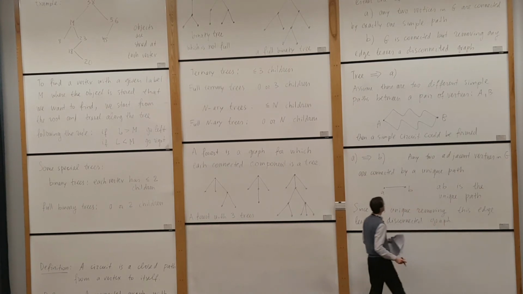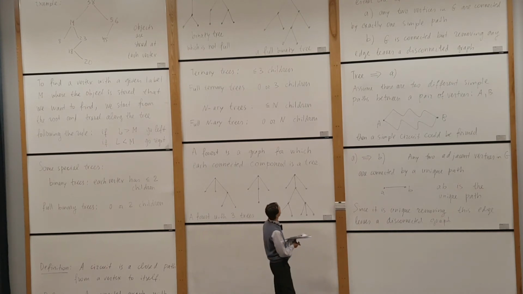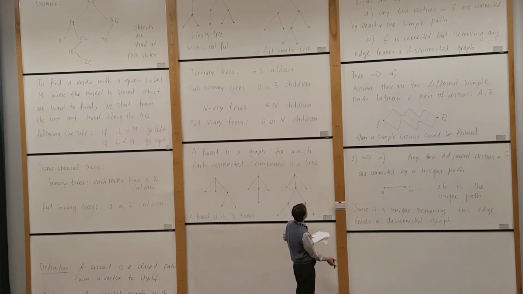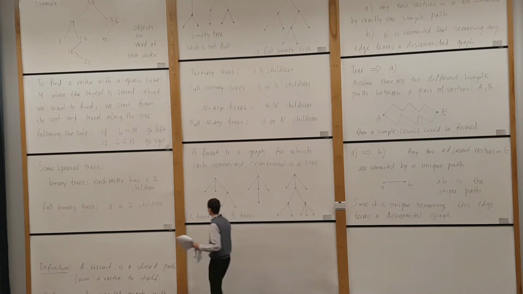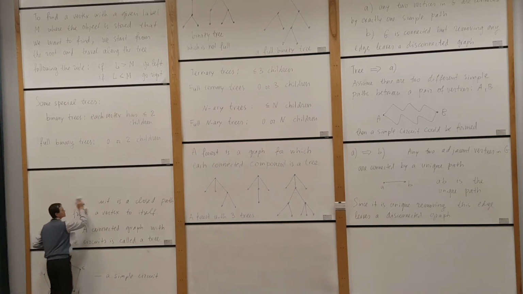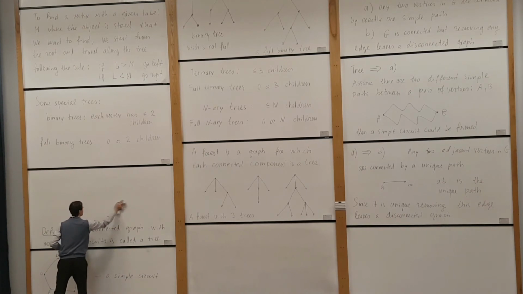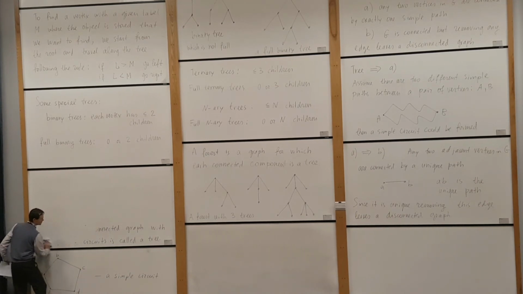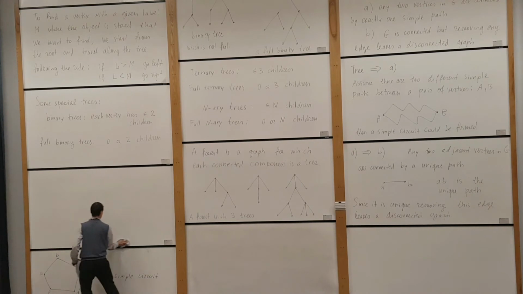And finally, to close the logical loop of implications, let's assume that B holds and then prove that this graph must be a tree. And we will make a full circle and prove the full theorem. So we need to assume that the graph is connected, which is part of the definition of the tree, and assume that removing any edge gives us a disconnected graph.